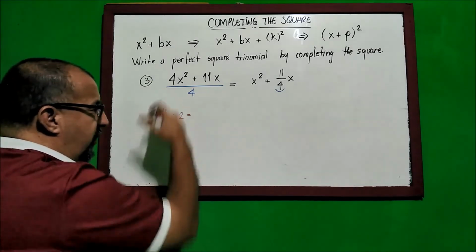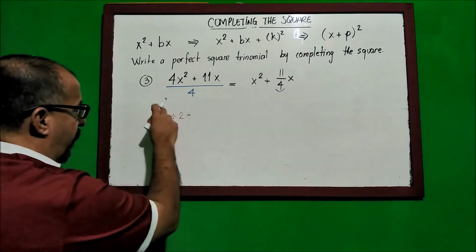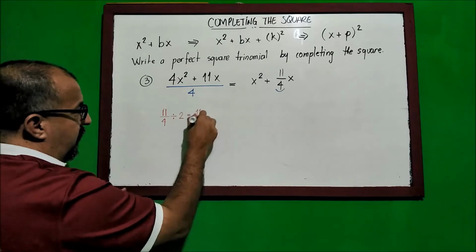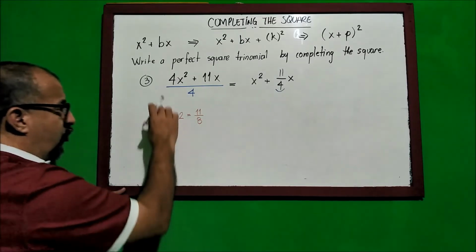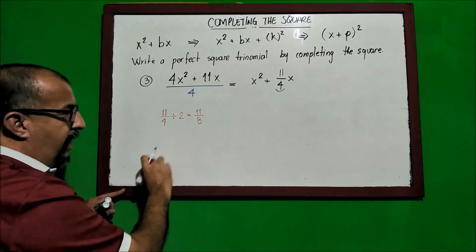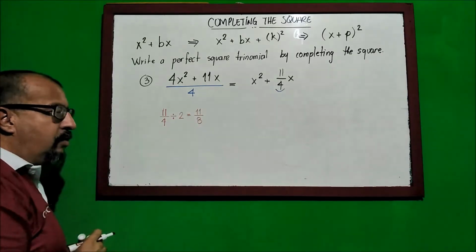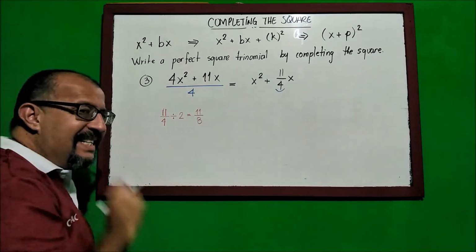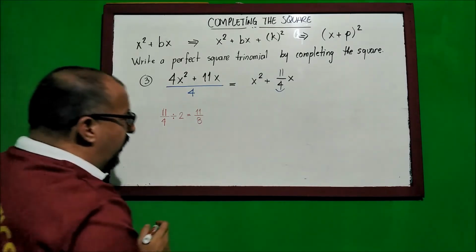Remember, we were always dividing by 2. Now, 11/4 divided by 2 will be equal to 11/8. You can do it by the division process, by writing it like a fraction, and you will always get to 11/8. Now, remember, this expression in here needs to be in simplest form, always.